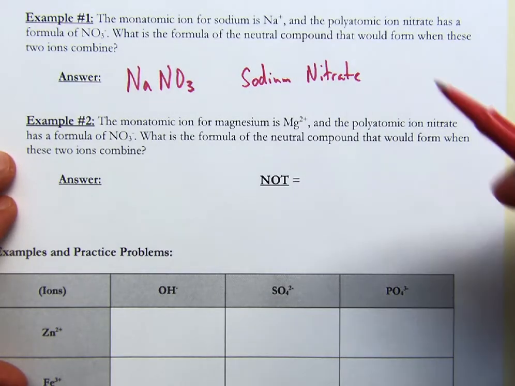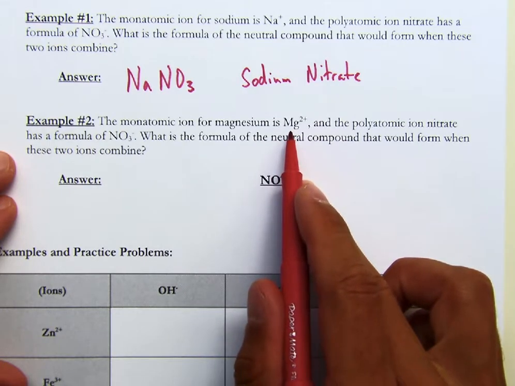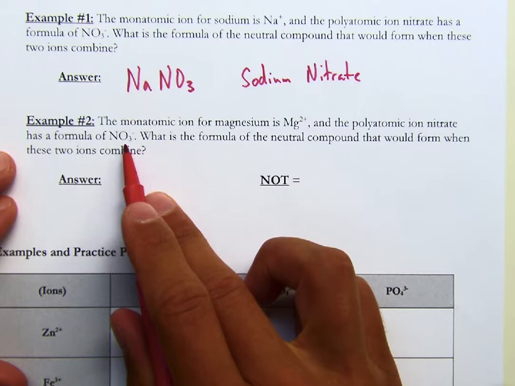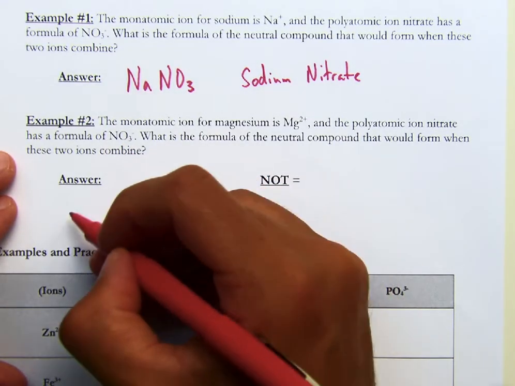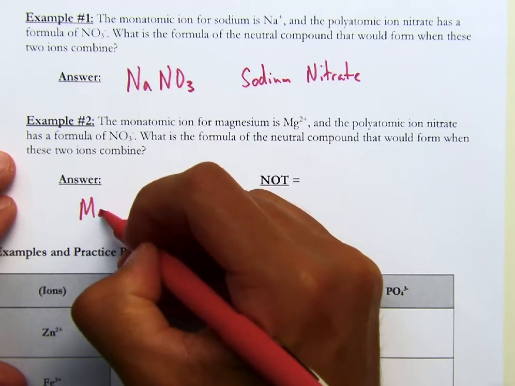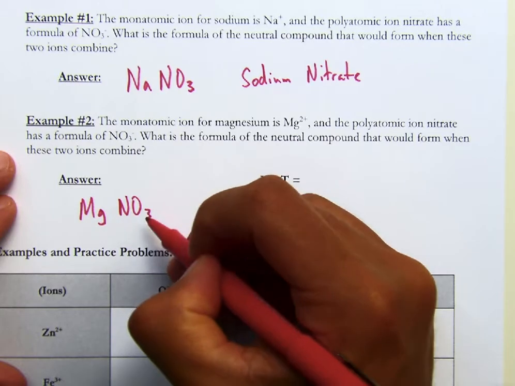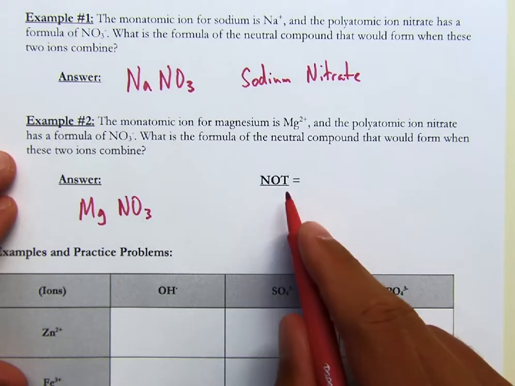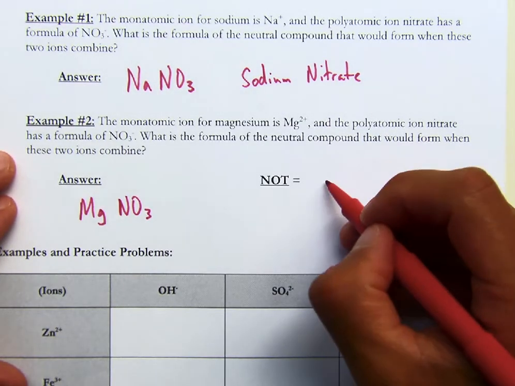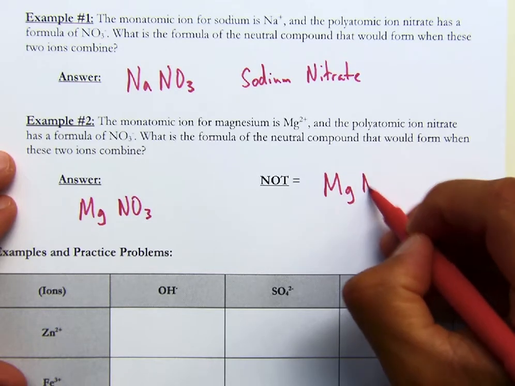Now, in contrast, what if we had magnesium, which is +2, and nitrate? So you have Mg, and then you have NO3. What's tempting, you can see here it says not, what's tempting to say, okay, well, I have magnesium, and then I have nitrate.